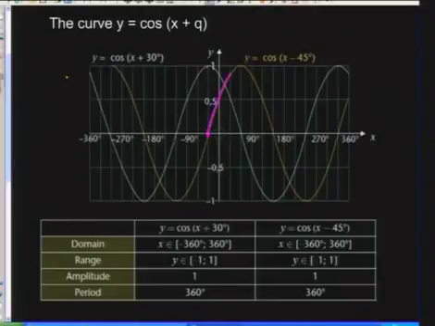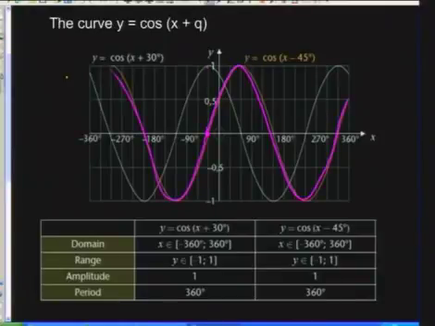And then it goes through 60, and it goes through there and up there, and it goes through here. So that would be my cos of x plus 30. This graph here, cos of x minus 45, what must x be so that I would get a maximum of 1? I need to zero that, so it would be at 45 degrees.